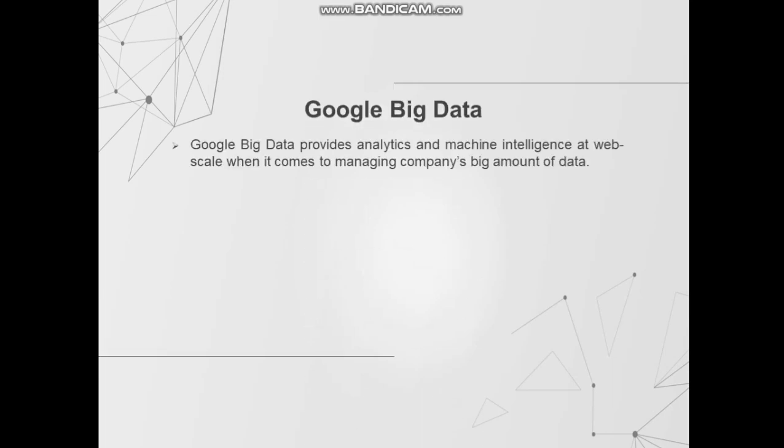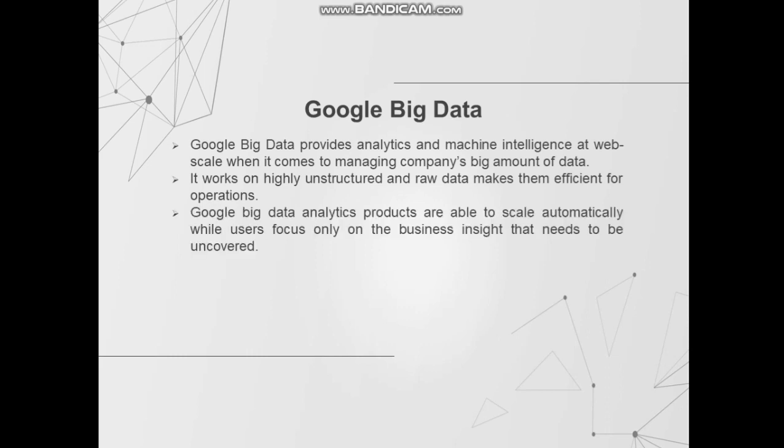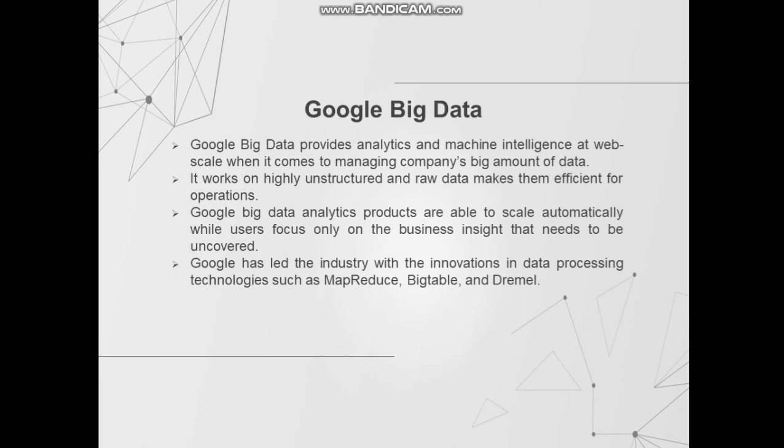Google Big Data provides analytics and machine intelligence at web scale when it comes to managing companies' big amount of data. It works on highly unstructured and raw data, which makes them efficient for operations. Google Big Data Analytics products are able to scale automatically while users focus only on the business insight that needs to be uncovered.